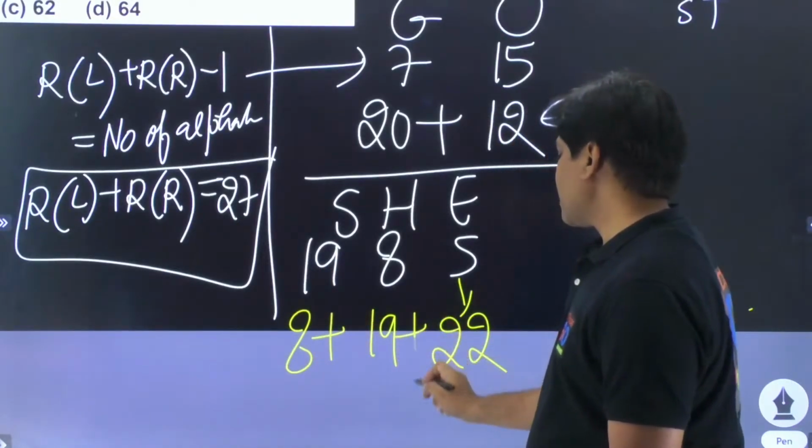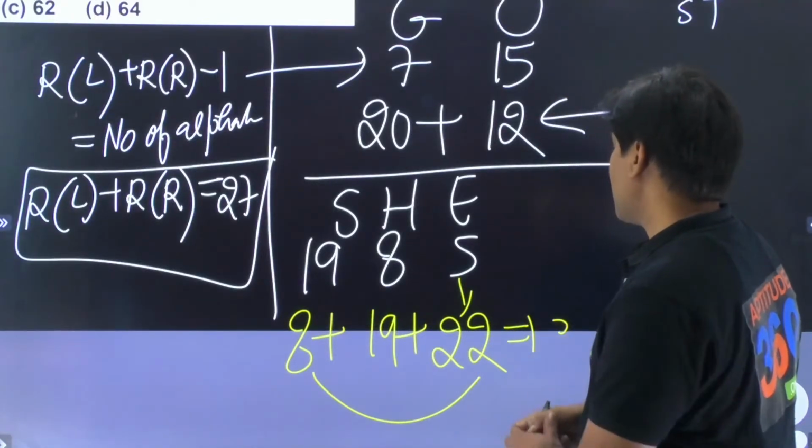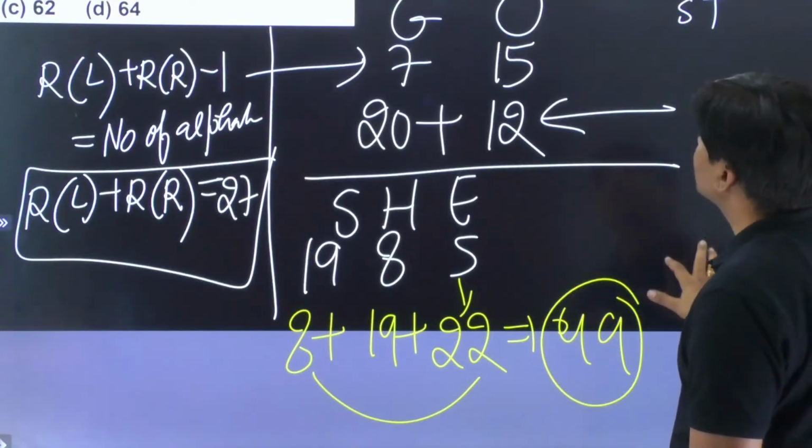This plus this plus this, so this is 30. 30 plus, is it 49? Was it 49, people?